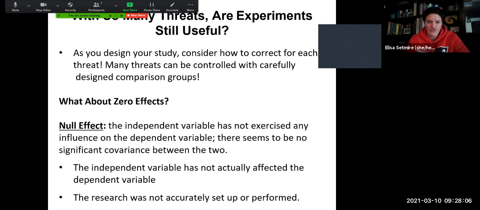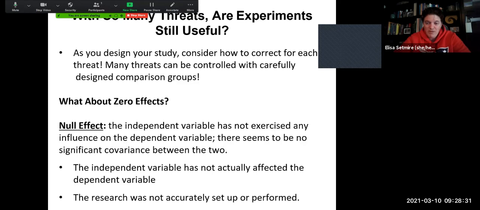You can correct for almost all of these different threats to internal validity. So as long as you, as a researcher, are considering the different threats that might be present and how you could correct and alter them, you can oftentimes eliminate the vast majority of threats to internal validity and make an experiment very powerful and very generalizable and so on.